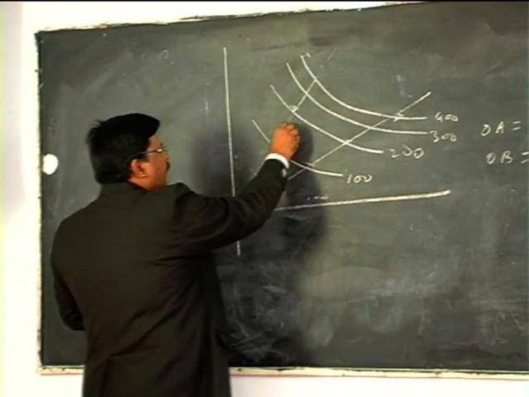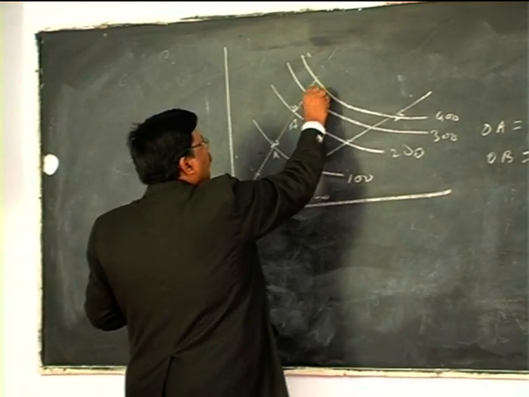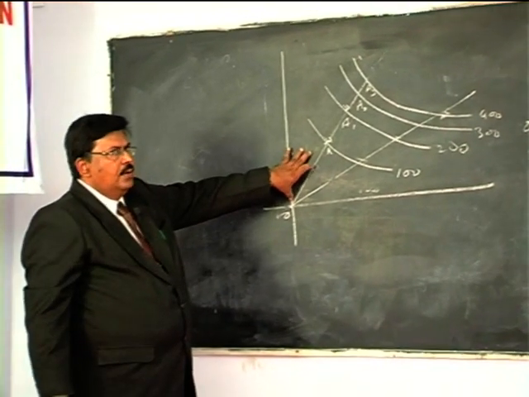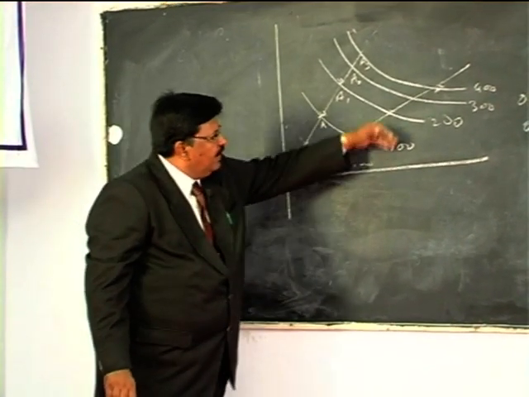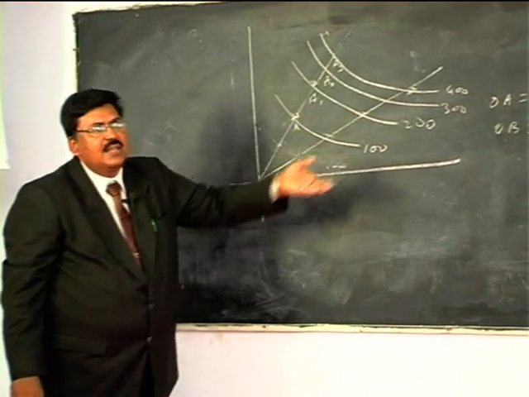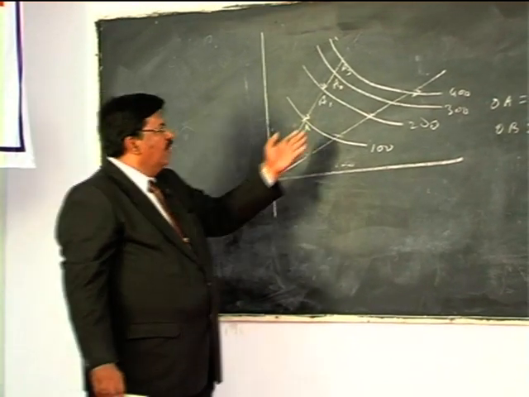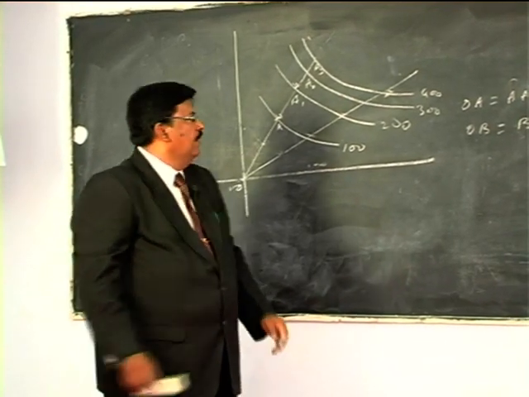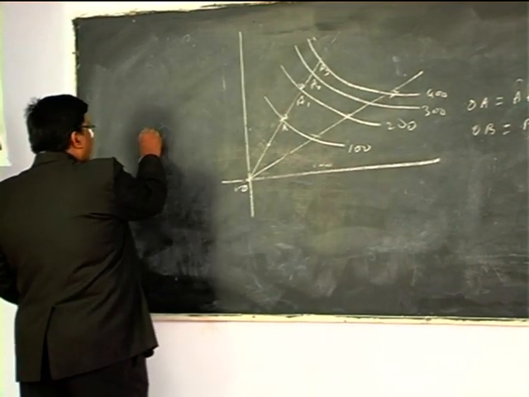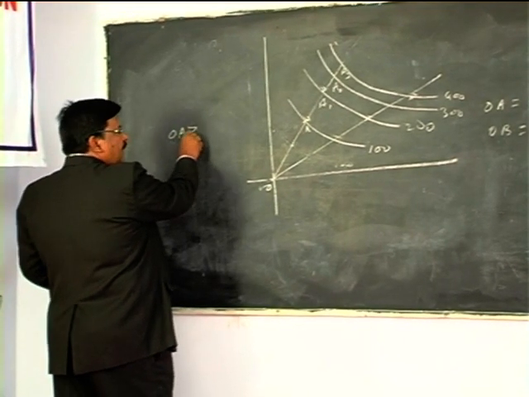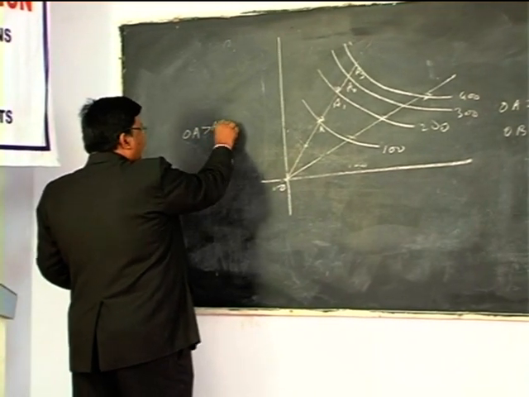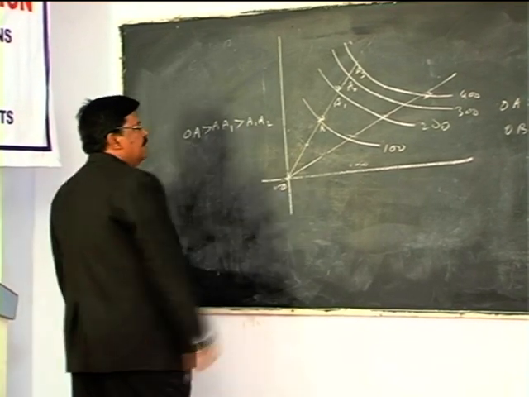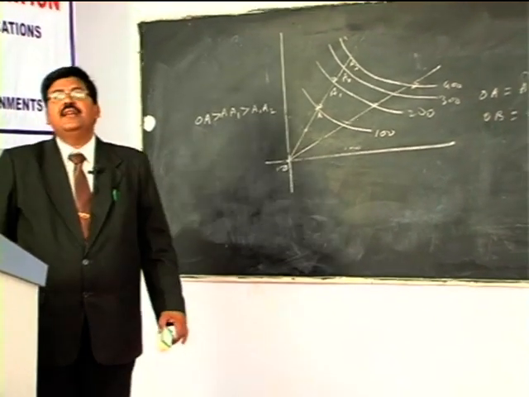OA, A1, A2, A3. So for doubling of output from 100 to 200, you require less than double the size of inputs. And from 200 to 300, again, lesser inputs are required. That's why OA is greater than AA1, AA1 is greater than A1A2, like this. That is the case of increasing returns.